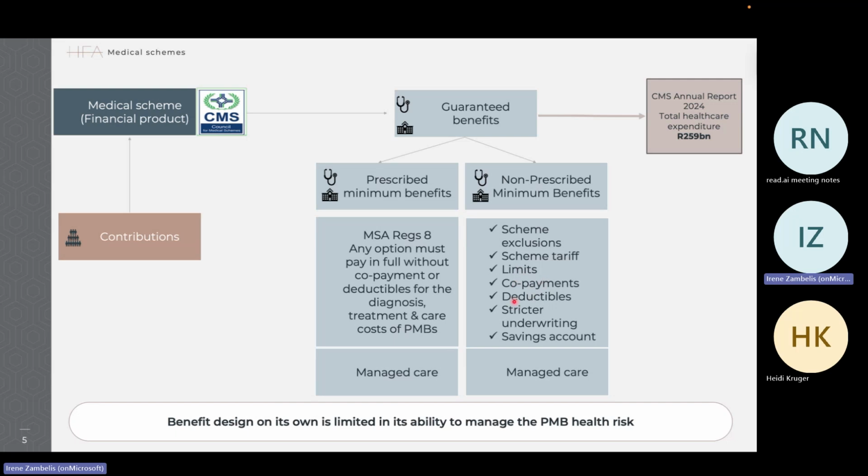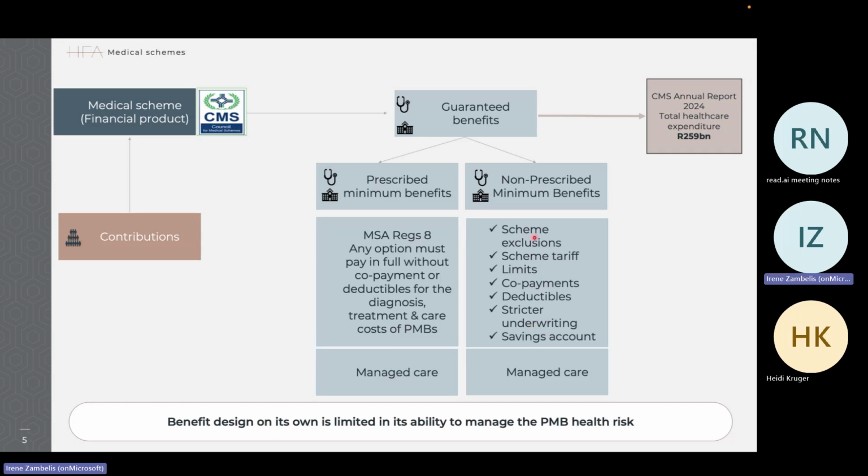Or you can ask the members to share in the cost, making them aware of the expenses. You can have waiting periods in place for new applicants and a savings account. All of this helps shift some of the responsibility for the spend onto the member.